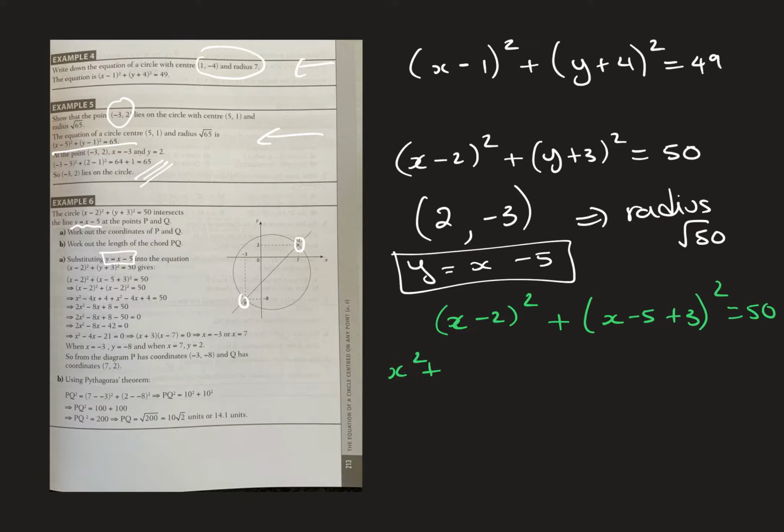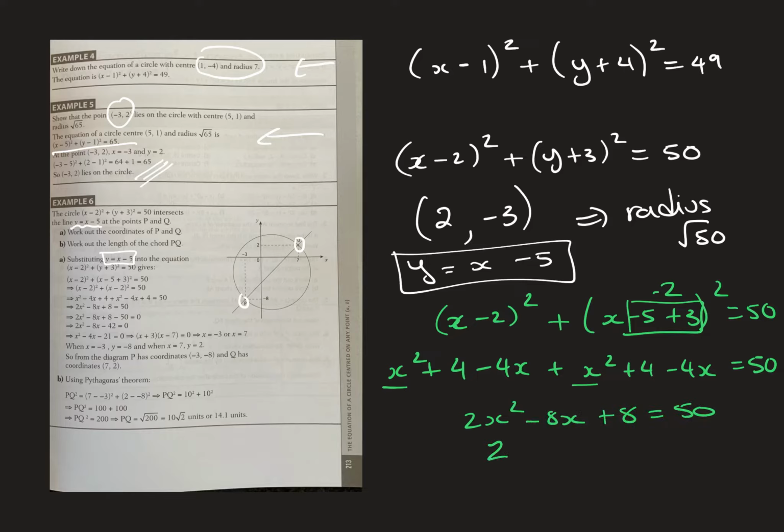x squared plus 4, take away 4x, plus x minus 2 all squared, so x squared plus 4 minus 4x, equals 50. Collect like terms: 2x squared minus 8x plus 8 equals 50. 2x squared minus 8x minus 42 equals 0.